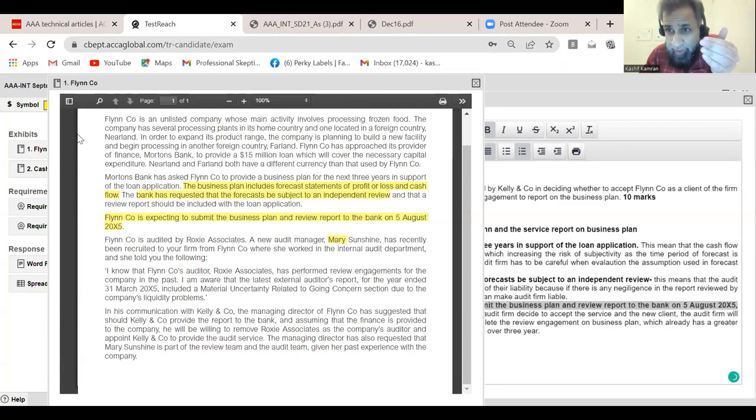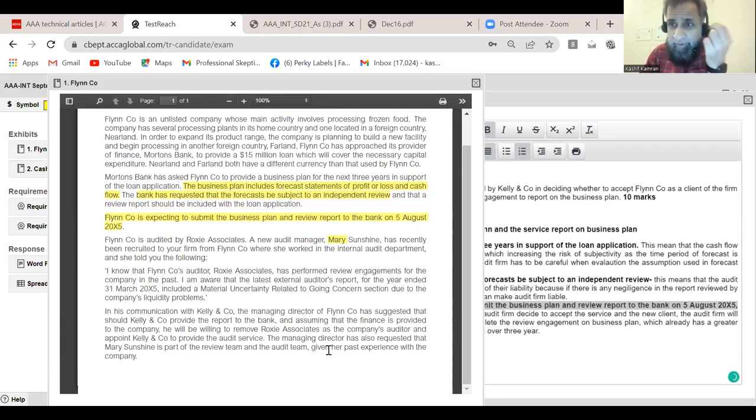In future, if we accept Flynn as a client and we accept to review the business plan, and Mary is taken as part of the team to review the business plan, will there be a familiarity threat and a self-review threat with Mary?